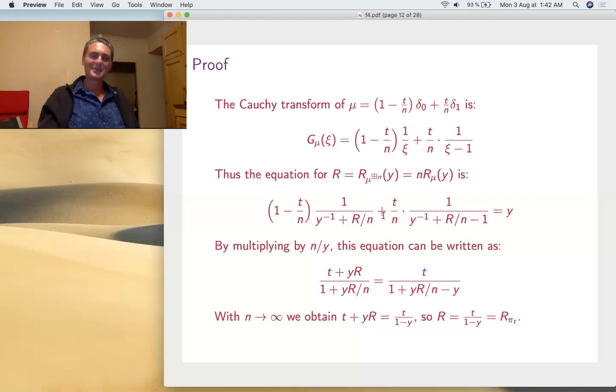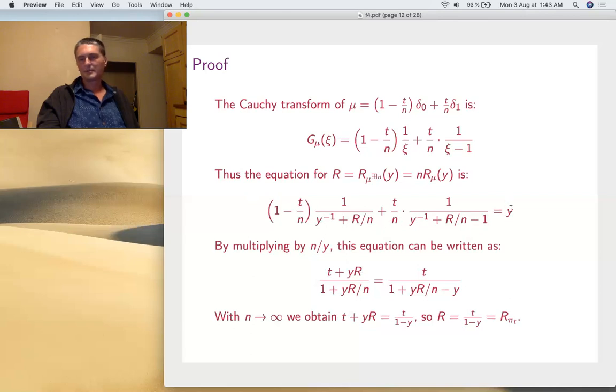but you can compute it in the limit. In order to compute in the limit, first we have to do some manipulations on this. My claim is that this equation can be written in this form, which is a bit simpler. So what to do? You multiply by n divided by y, because if you put an n up here, all these guys would disappear and look better. Also, if you divide by y, these guys will disappear.